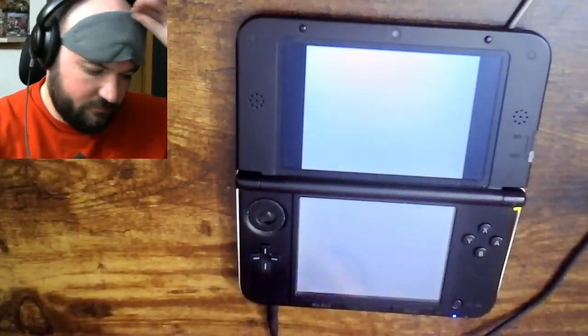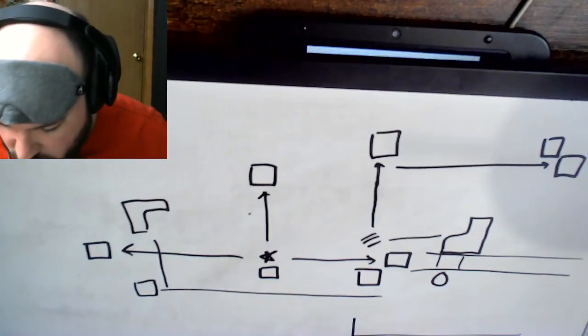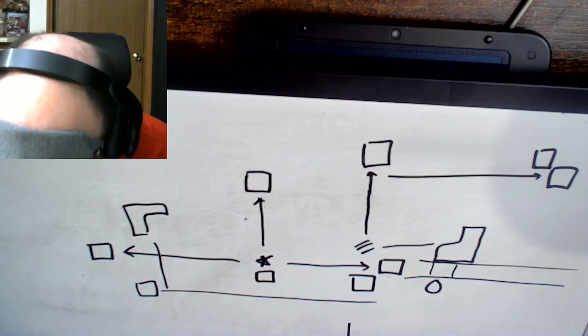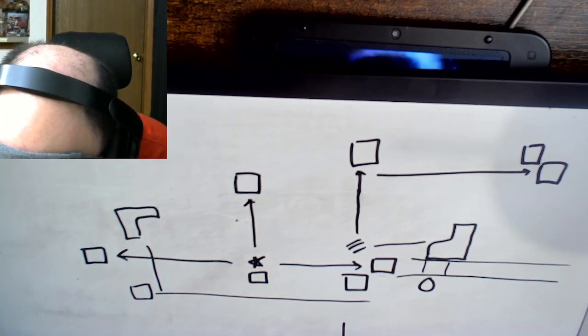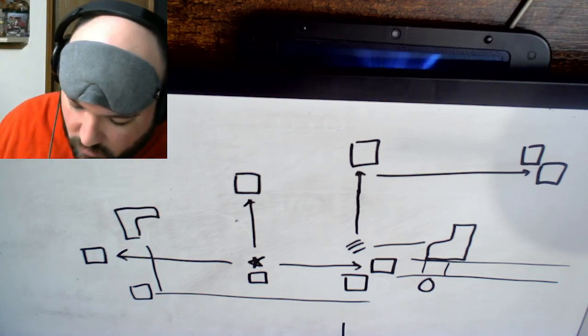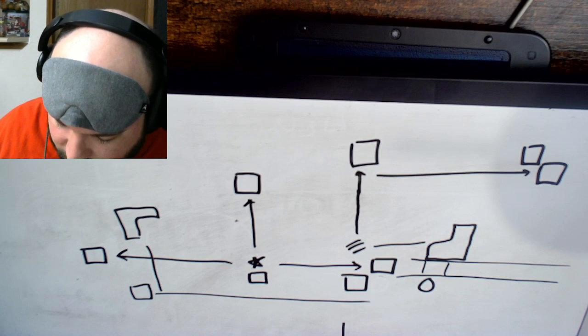I lost myself. So I think there is dry space there and a wall, but I don't think there's a dry space there.